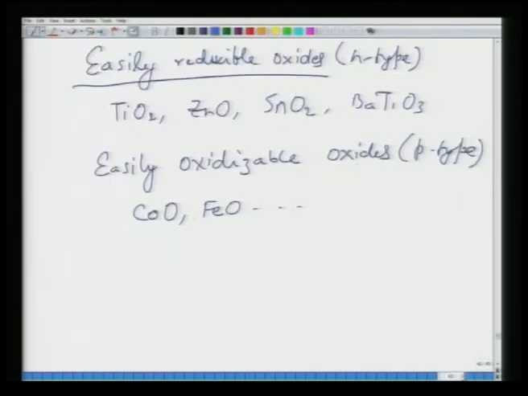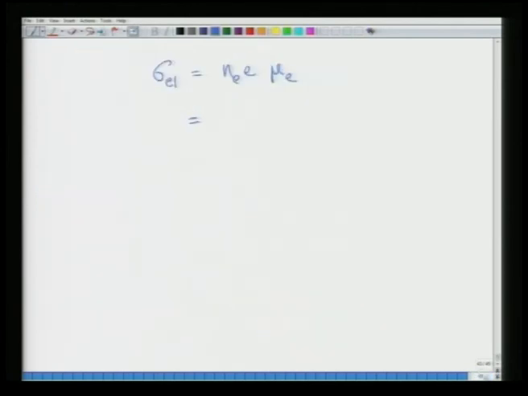Now, if you look at electronic conductivity, sigma electronic is basically equal to n e mu_e. So, n_e from this relation is 3.6 into 10 to the power 9 per centimeter cube, into 1.6 into 10 to the minus 19 coulomb, and we need mu_e. Mu_e for these materials is approximately equal to 24 centimeter square per volt second.